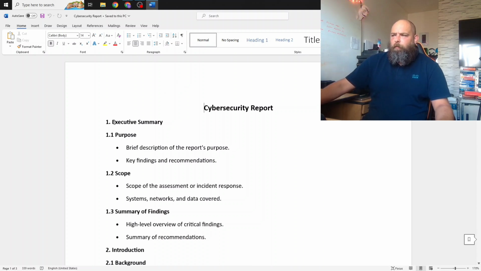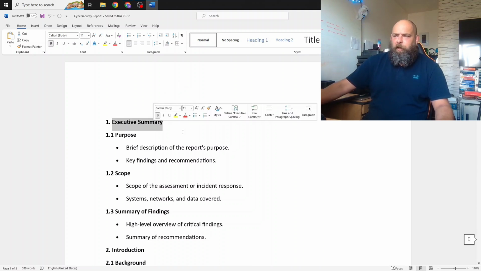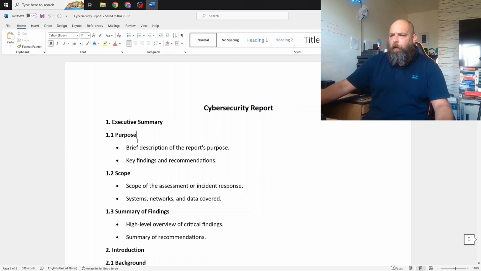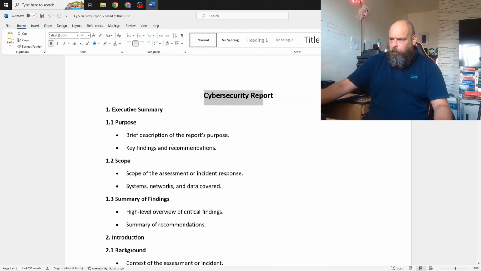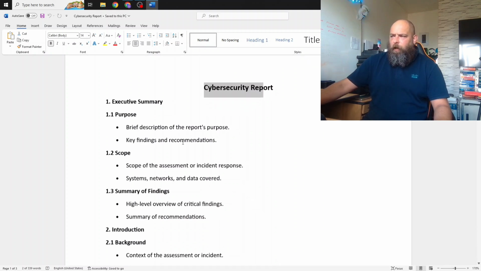So number one, you would have the executive summary, with section 1.1 being the purpose of that. So there'd be a brief description of the report's purpose, what it's for. Well, there's pretty much a clue in the title. Key findings and recommendations.